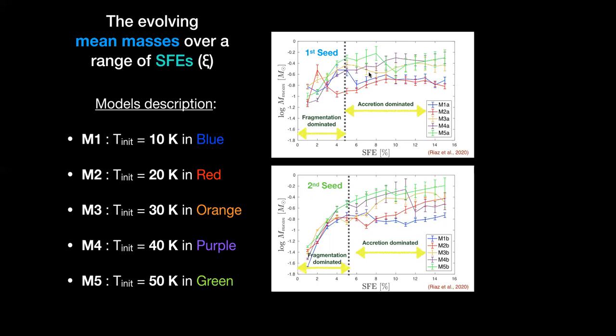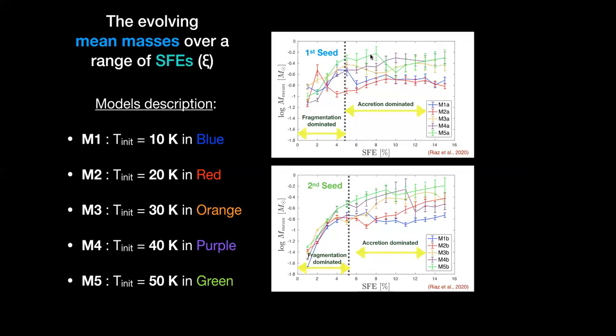So the immediate conclusion from our simulations is that once you reach a star formation efficiency high enough, and when I say high enough, I mean more than 5%, you start finding a trend that the CMB is actually regulating the star forming gas and dictating the masses of the stars, because the mean masses, the green curve is representing the warmest of the cores or the warmest of the clouds, and the blue and the red one are the coldest of the gas clouds.